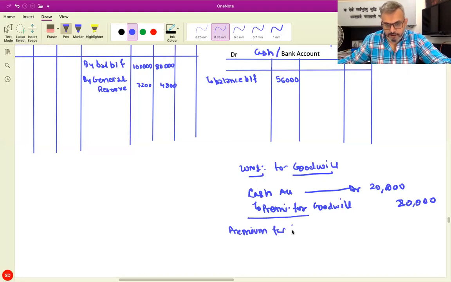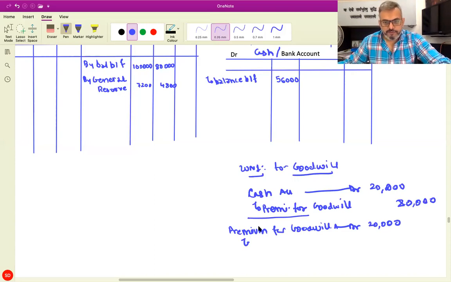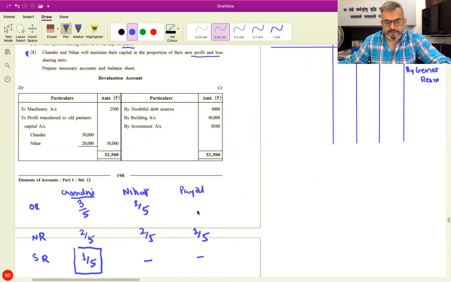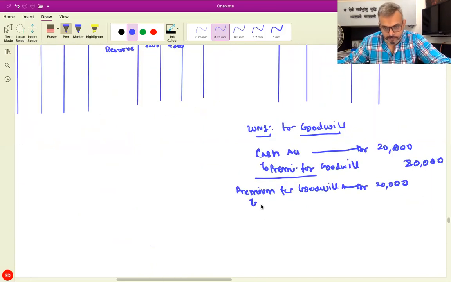Premium for goodwill account debit to, now everything will go to Chandni because Chandni is the only partner who is sacrificing. So to Chandni's capital account.